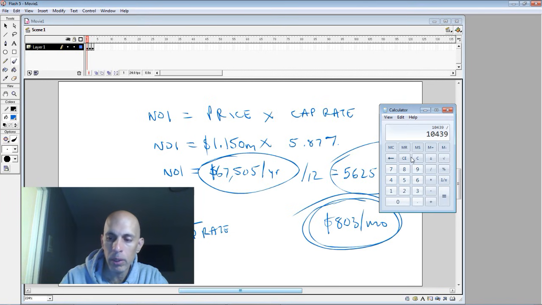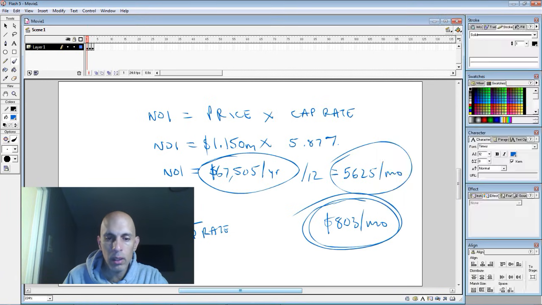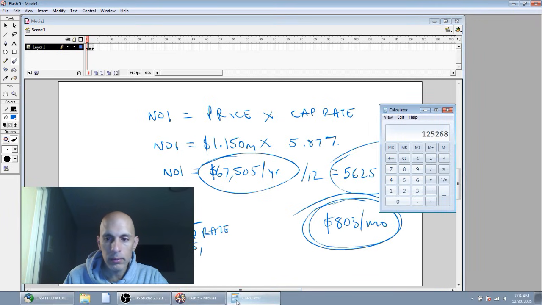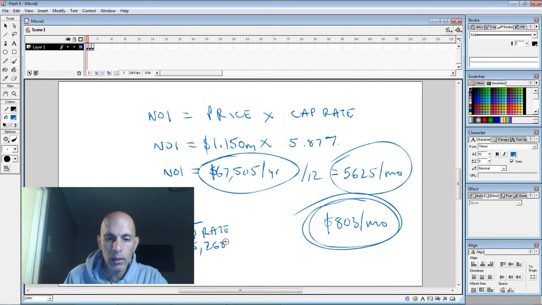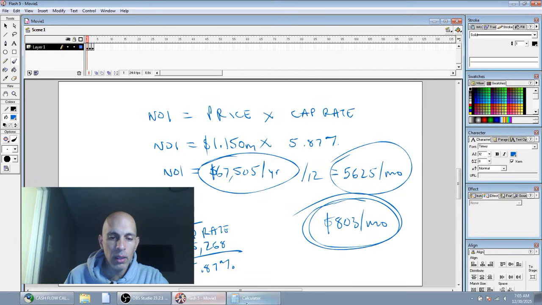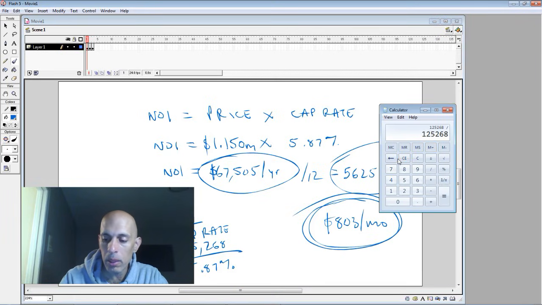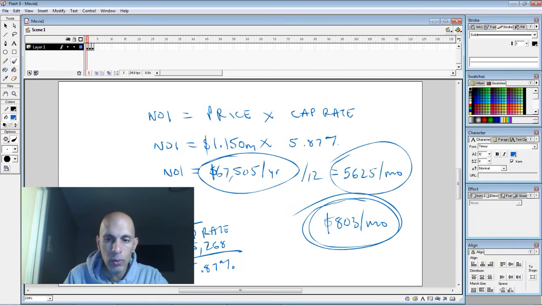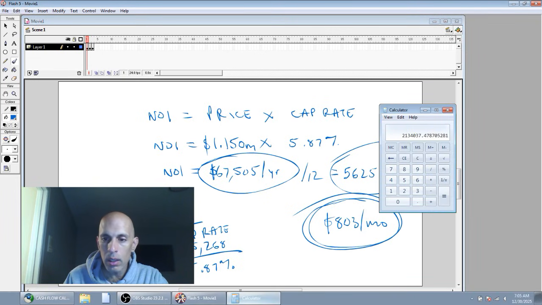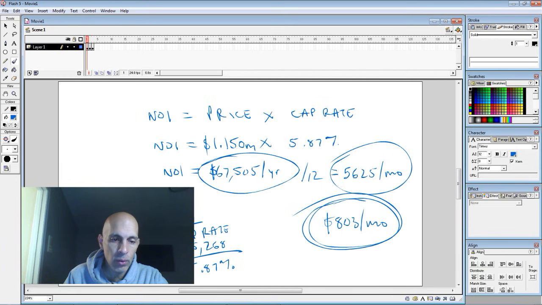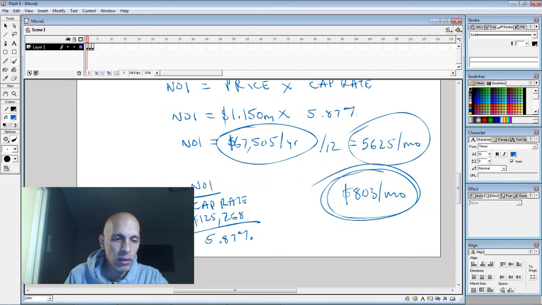I've got to multiply that by 12, times 12 is 125,268 over 5.87%. And so what does that give us? Divided by 0.0587, 2,134,037. So this is the rough new price of the new building.